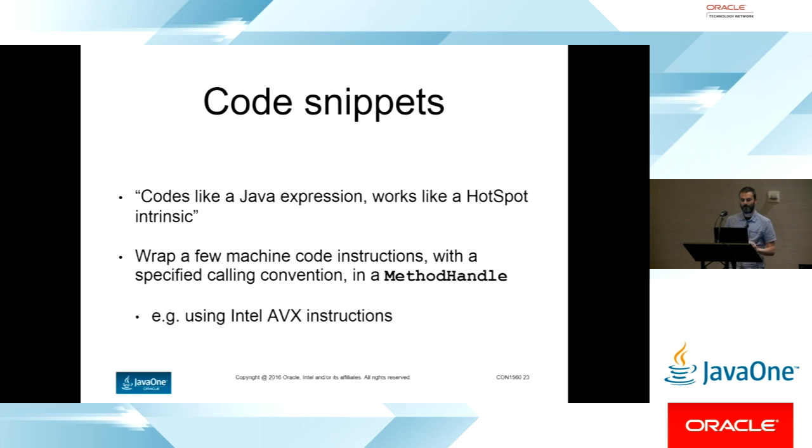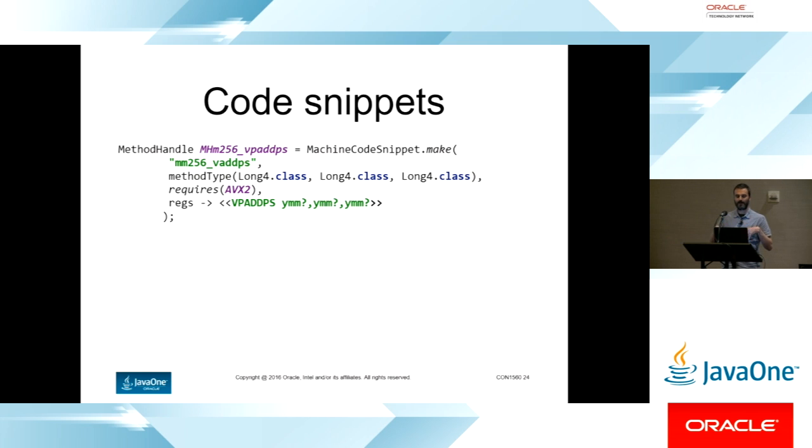So the idea is we wrap a few machine code instructions with a specified calling convention in a method handle, so we can easily wrap a few AVX instructions, 1, 2, 3, a little packet of machine code. So it's very platform specific, very easy, unsafe mechanism to jump into a bit of machine code. So here is a slightly curated example. We'll link to source code later on.